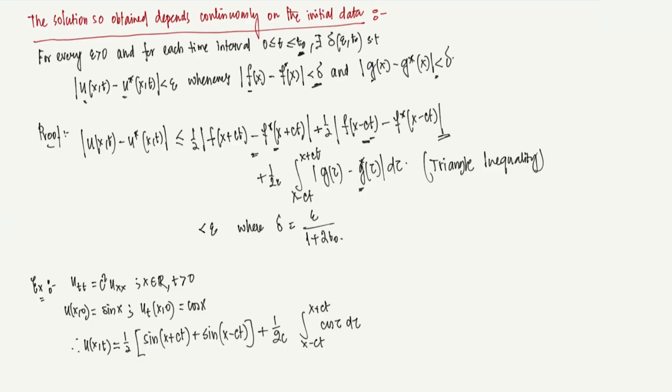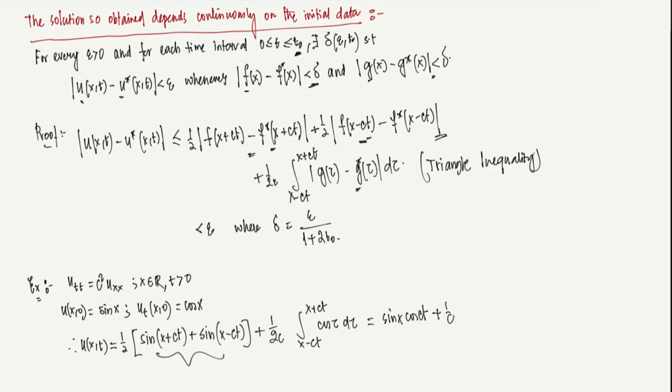So you just put it in the formula. Now if you calculate it, you get sine x cosine ct plus 1 by c cosine x sine of ct. See, this is very simple. So you don't have to do anything.